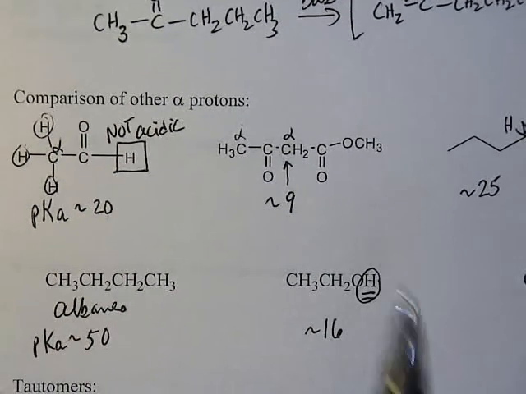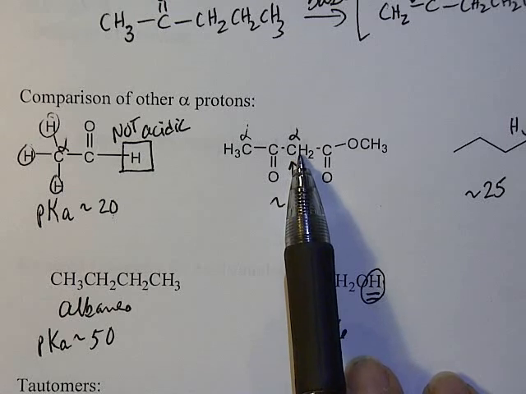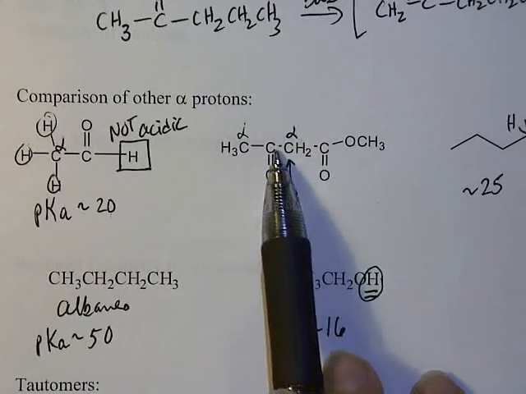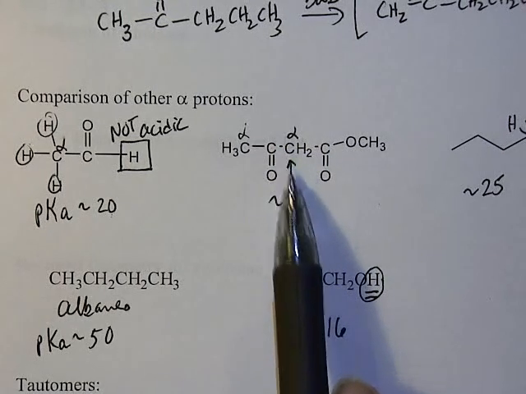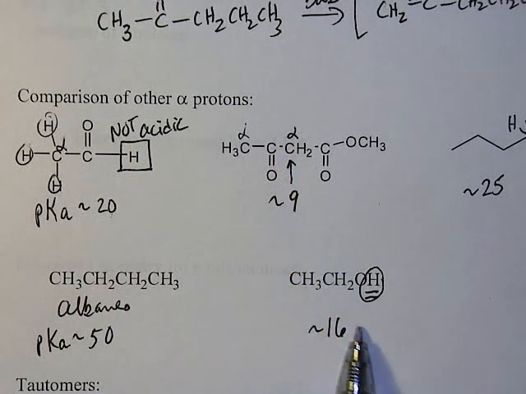But notice though, this hydrogen on the alpha carbon, because it's flanked by two carbonyls, is a lot more acidic than the hydrogen on the oxygen. So it's very situation dependent, and you have to ask yourself what atom the hydrogen is attached to, and then how well the resonance stabilization is working in this.